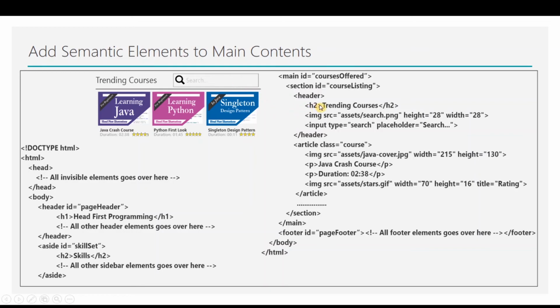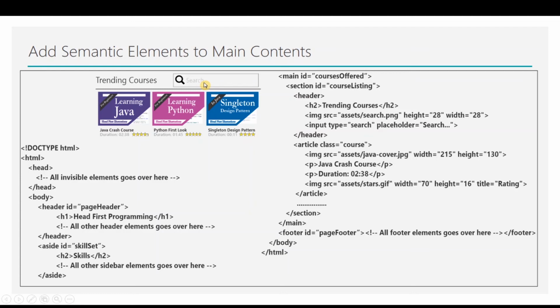Now, if you think about it, the main contents in this section are indeed the courses we offer to our users, and these three elements are there merely to help users better get a sense of what this section is all about, and to further assist them to search the main contents for the desired results.